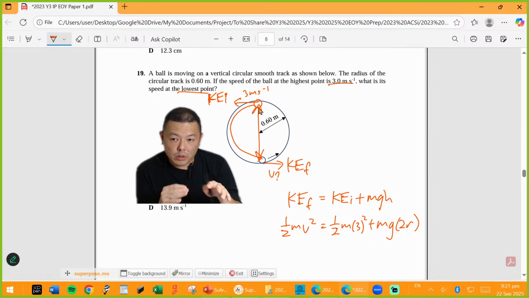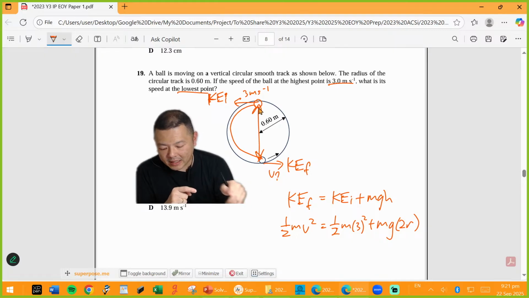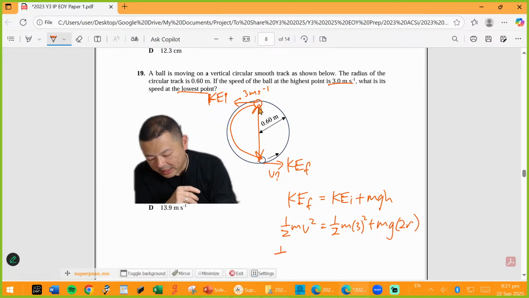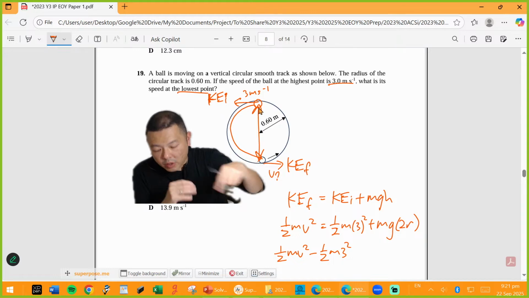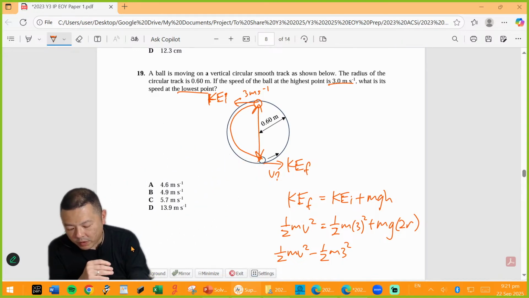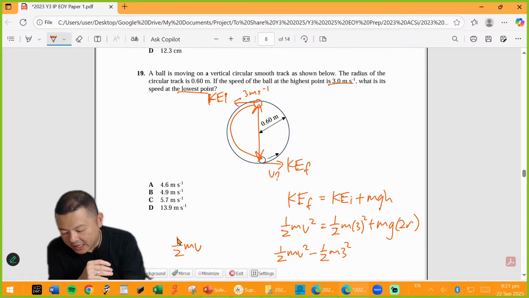If you rearrange it, it looks like this: half mv squared minus half mu squared. You've got to remember, I don't know whether you attended this before with me, but the change in KE is always half mv squared minus half mu squared.